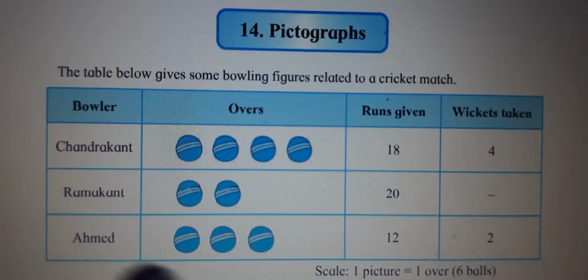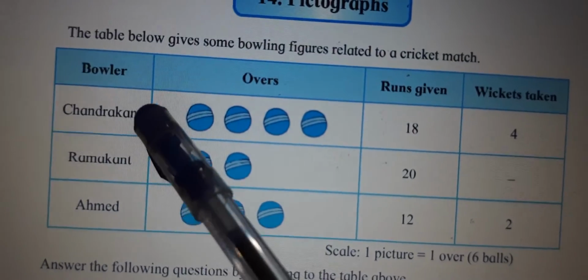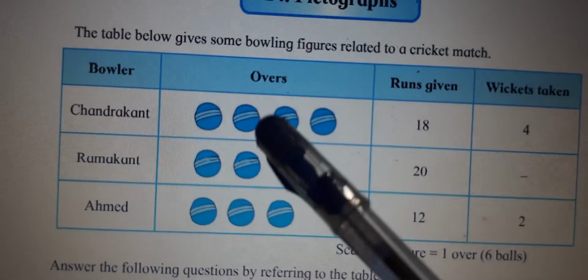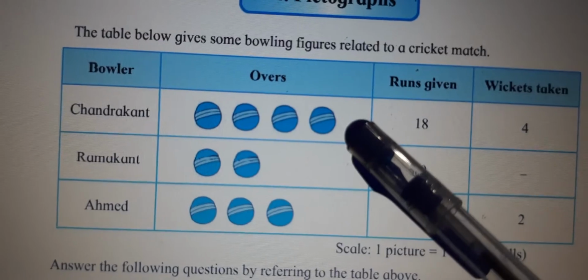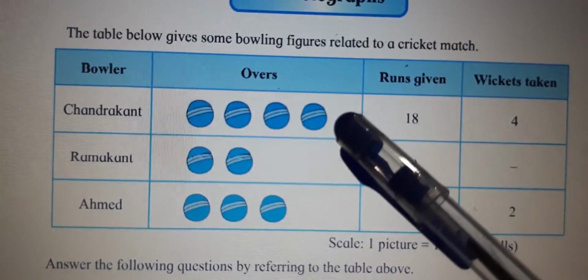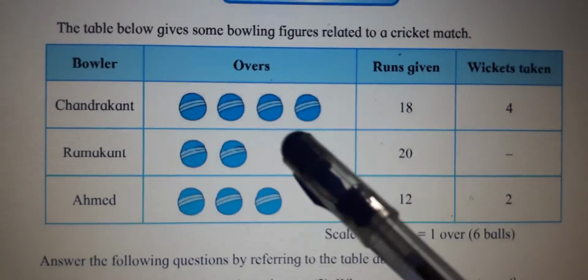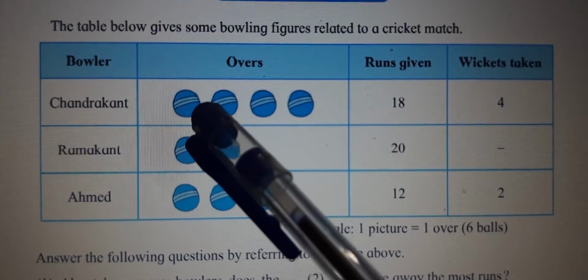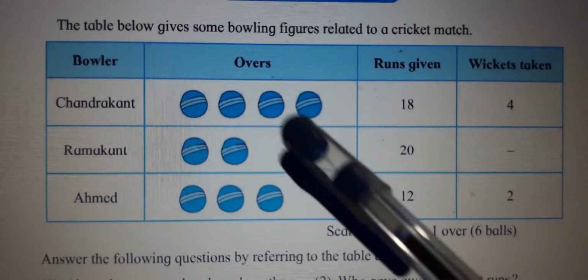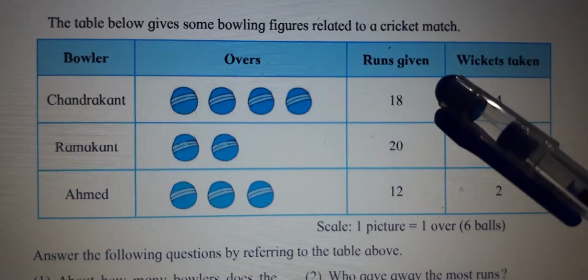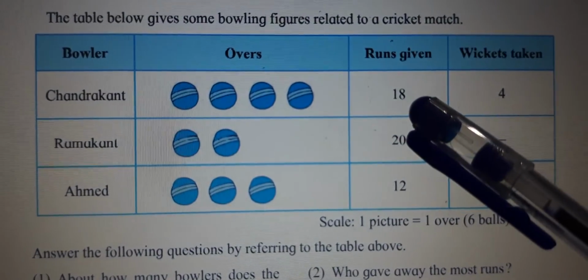Wickets taken. So now the first bowler, that is Chandrakant, you can see 1, 2, 3, 4 overs. And in these 4 overs, how many balls? In 1 over, there will be how many? 6 balls. So 1, 2, 3, 4. And runs given 18. So 18 runs he has given.